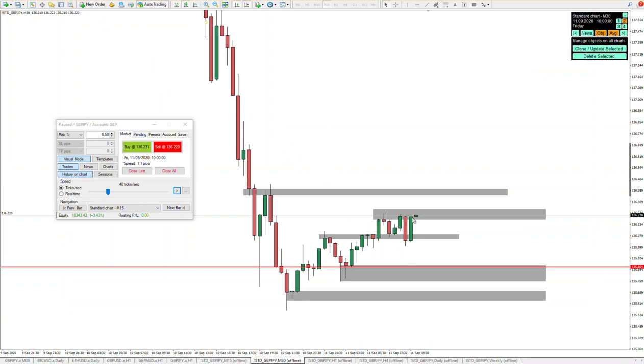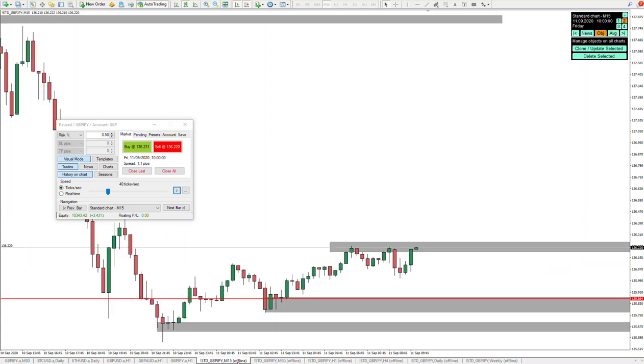M30 looks terrific. The only thing is we don't have a wick at the top. We don't have a wick below yet, so that's what we have to wait for. We are at the resistance. We have to wait for a wick down and to break its own high.